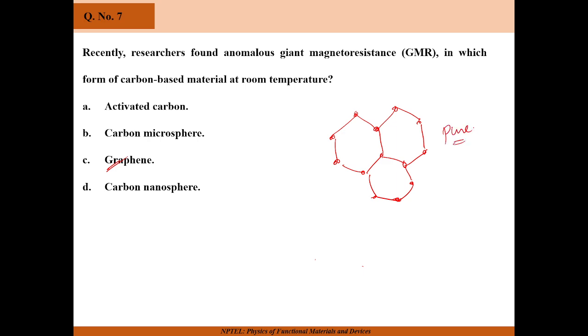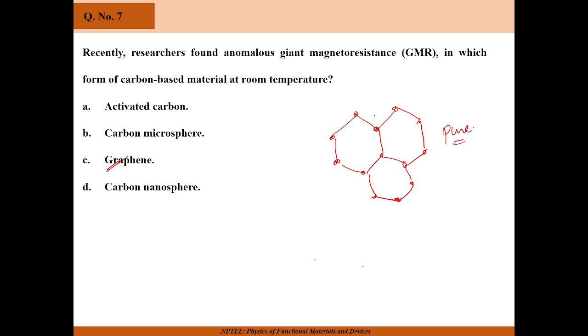Since this is a class where we discuss experimental procedures also, let me briefly explain how we synthesize graphene. This is a pure graphene structure, but it is very difficult to synthesize by chemical methods.